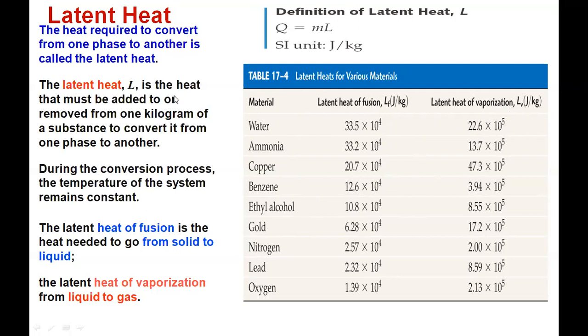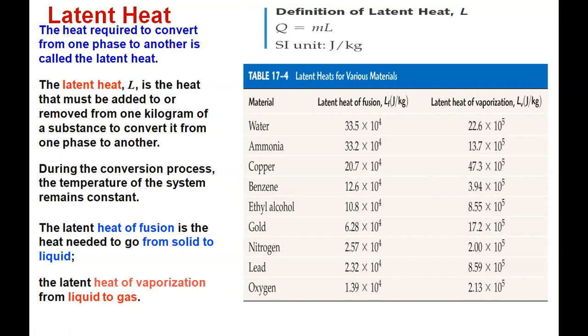So the latent heat L is the heat that must be added to or removed from 1 kilogram of substance to convert it from one phase to another. So during the conversion process, the temperature of the system remains constant.